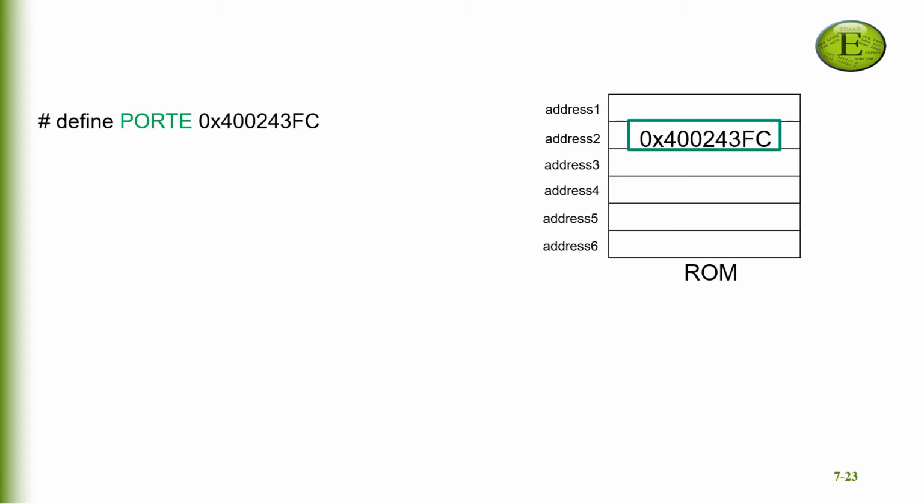Let us try to parse the pre-processing command beginning with define in the previous slide. If, for example, we define port E equal to some number, a 32-bit number here, hex 400243FC, we are really asking the compiler to place this number at some address, for example, address 2, inside the ROM, the read-only memory.